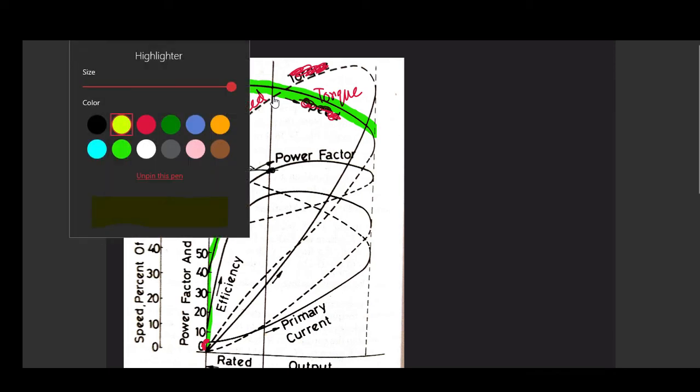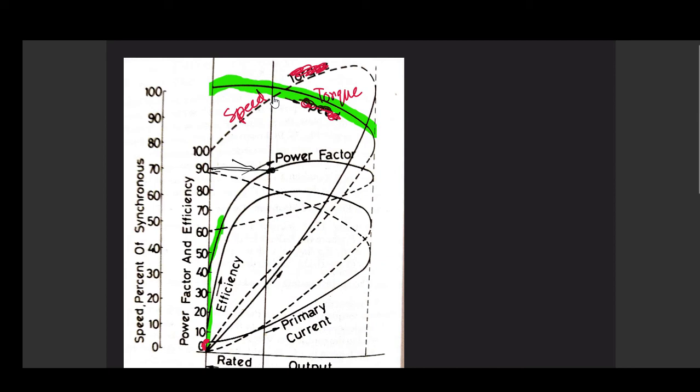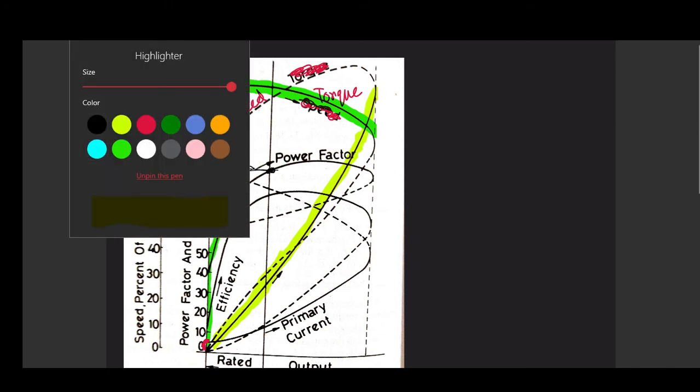This is our torque line, this is the stable torque operating region, this dashed torque line indicates the unstable operating region. Now what about our speed? This is our speed for the normal motoring region, shown by a solid line.